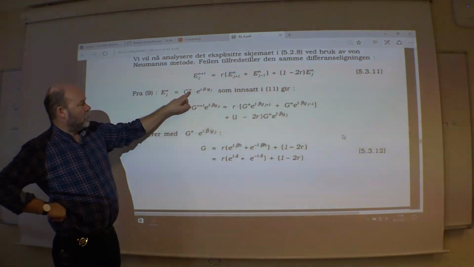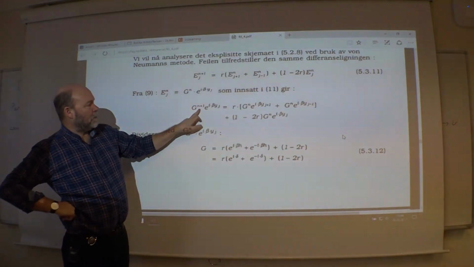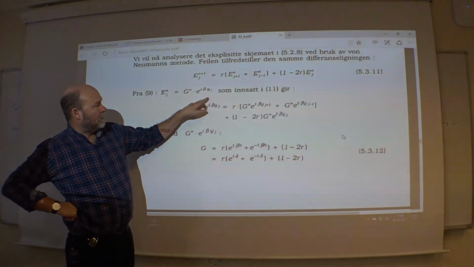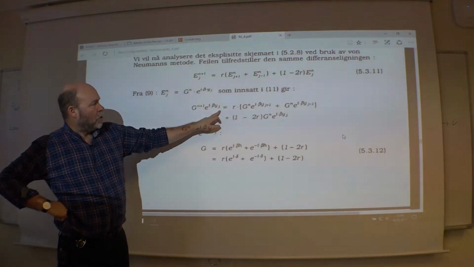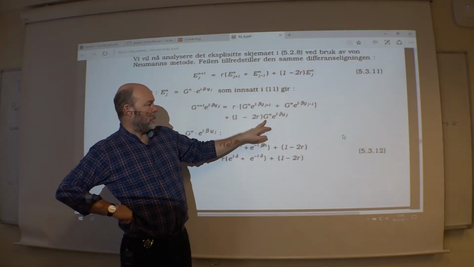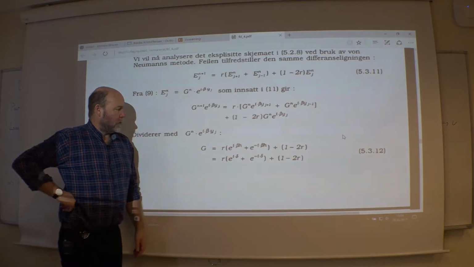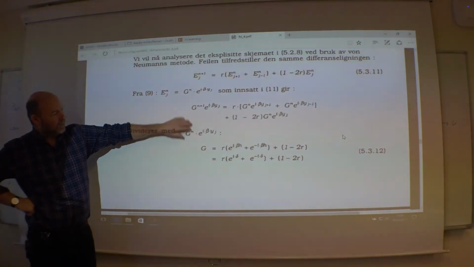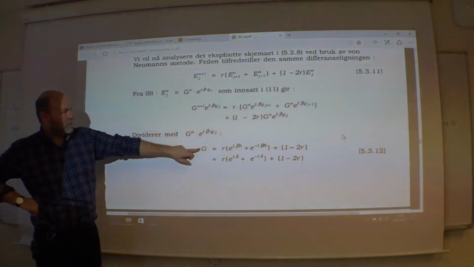So here you will have g to the n plus 1 to the left, multiplied with this. On the other side, from all terms, you will have g to the power of n, which when you divide by g to the n, you will have just g left.